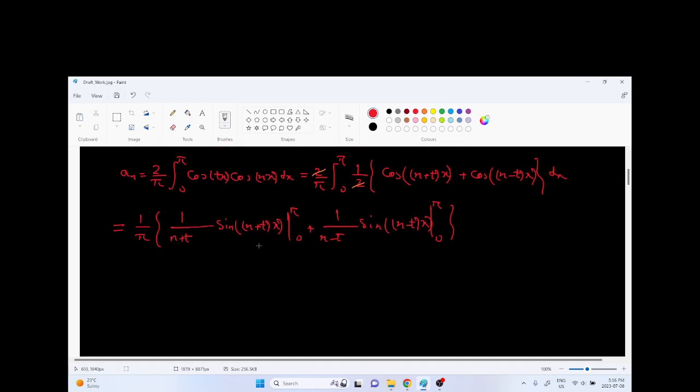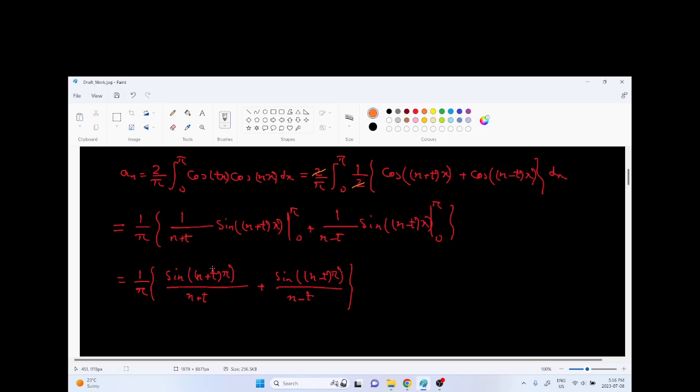Again, at the lower bound or 0, we get 0, and at the upper bounds, we get, so I have that factor of 1 over pi. Not sure why I missed it. So we get 1 over pi times sine of n plus t pi over n plus t plus sine of n minus t pi over n minus t.